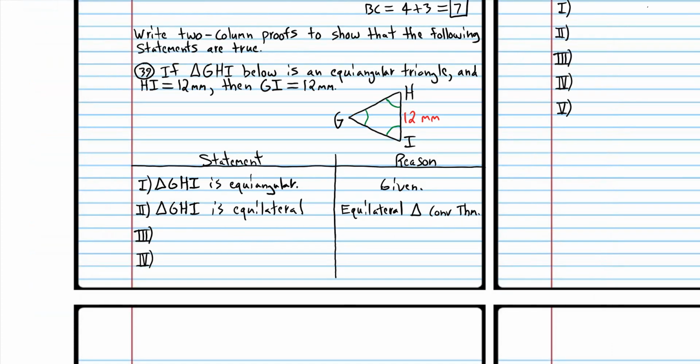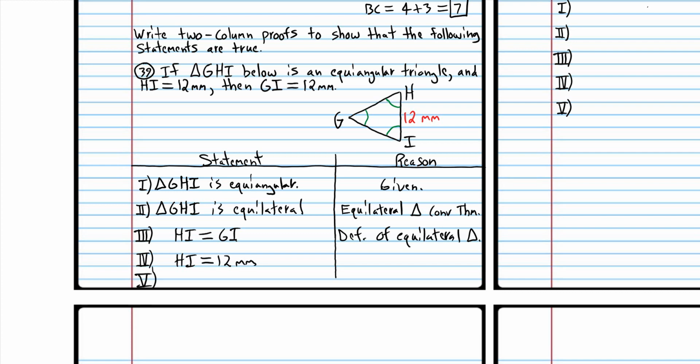And if GHI is equilateral, that means that HI must be equal to GI. That is the definition of equilateral triangles. Now we're also given the information that HI is equal to 12 millimeters. So we need one more step here.